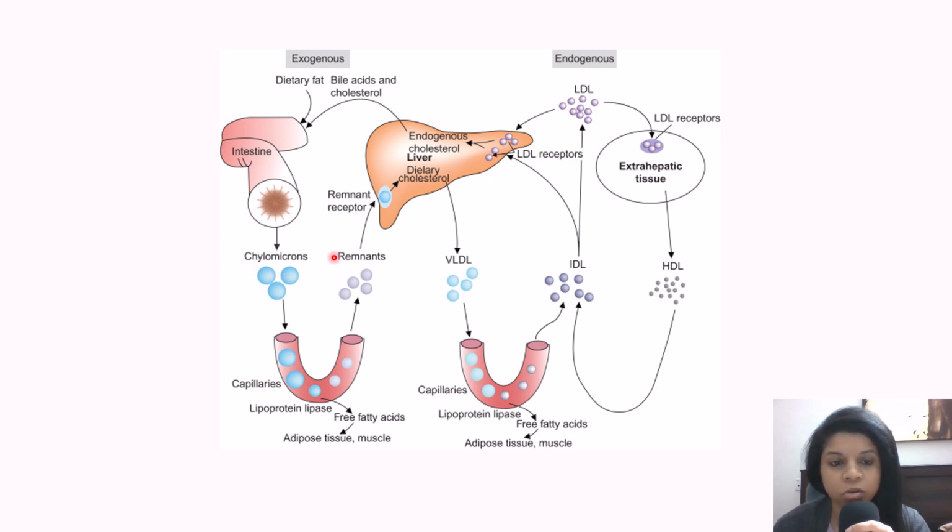Chylomicrons are the particles that carry intestinal fatty acids; the fat present in the food is digested, converted and carried by chylomicrons in the blood to the liver and other parts, mainly the liver. There is lipoprotein lipase present in the blood that breaks down chylomicrons and releases free fatty acids, which are essentially important for the muscle and our body.